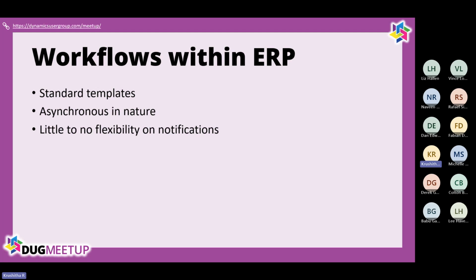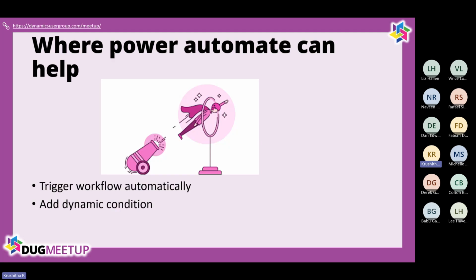You do have some workflows when the sales order is created, but it definitely does not offer all of the functionality of the sales order approval workflow within the ERP. And there's also little to no flexibility on the notifications.